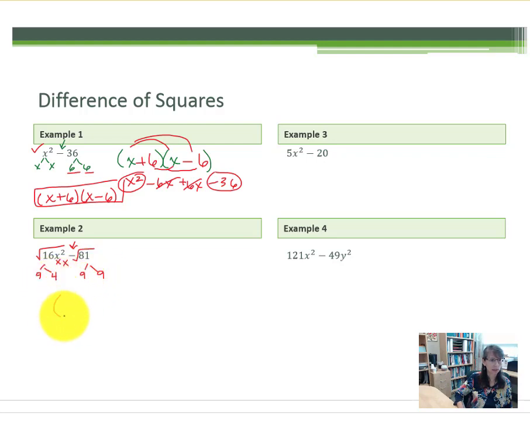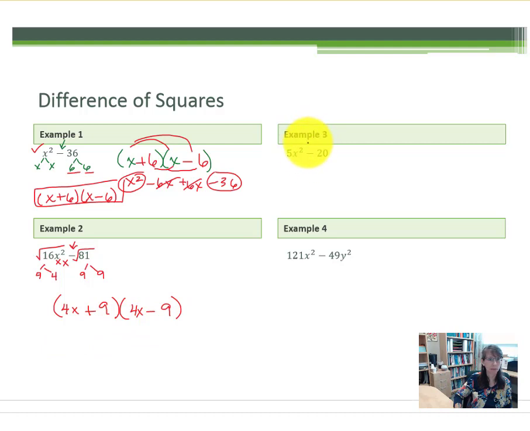So we go directly to the binomials for the answer. The first term, 16x squared, is 4x times 4x. 81 is 9 times 9. And the only way for the middle term to be eliminated would be to use one quantity positive and one quantity negative. And that's your factored answer.